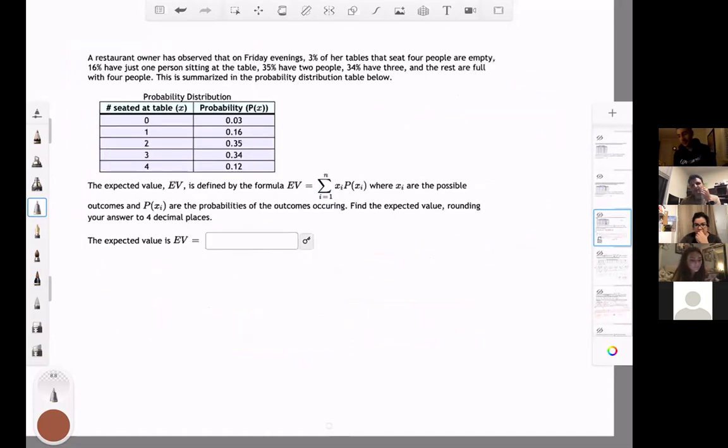Another similar question. So let's not do that one. You got the idea. You can just multiply and add them. And the formula is the same, expected values.